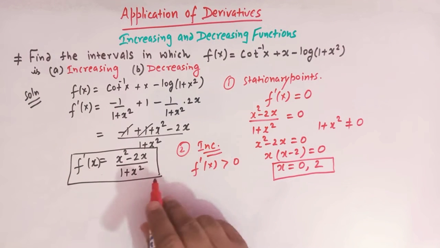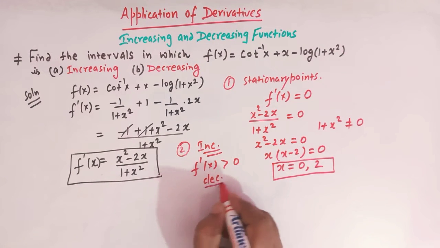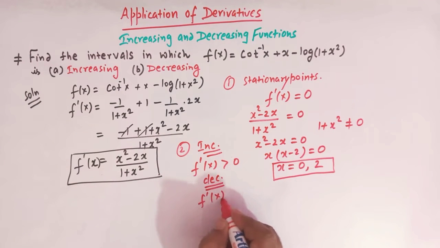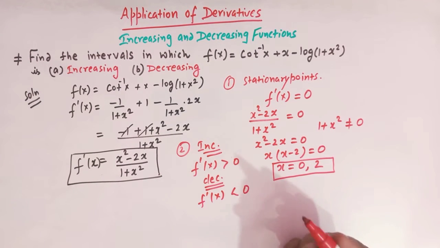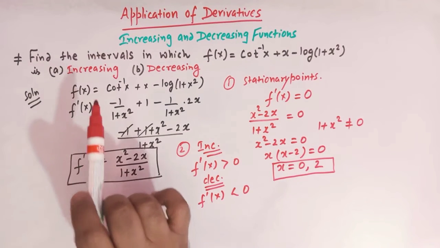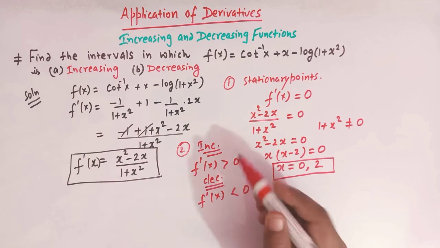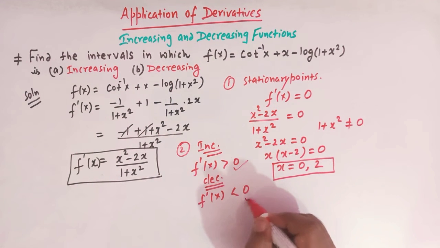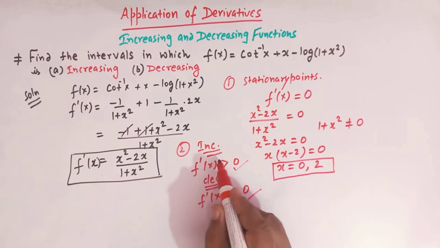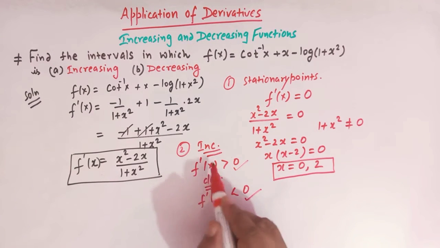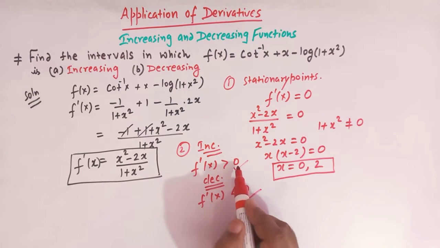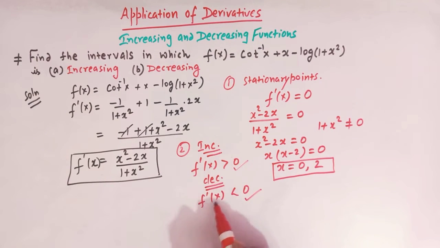The function is said to be decreasing when the derivative is less than 0. To find the intervals in which this function is increasing or decreasing, we'll make use of these two definitions. The slope of the tangent must be greater than 0 for an increasing function, and less than 0 for a decreasing function.